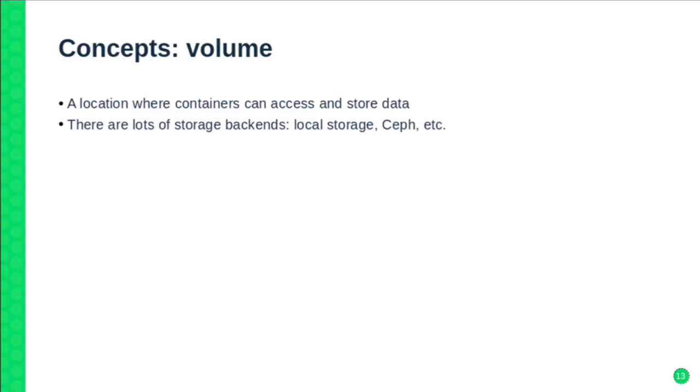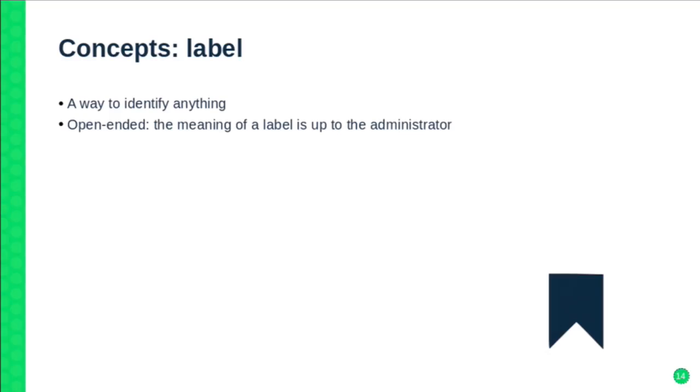From the container's perspective, this is completely transparent. A container just sees whatever chunk of storage you attach to it as part of the local file system. Exactly, this is done transparently. As a container, you don't really care how this gets stored. It's just right there.